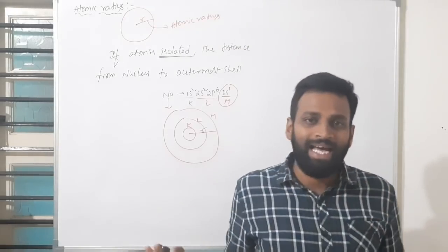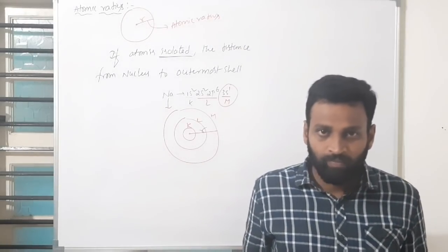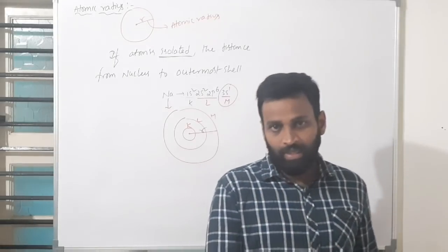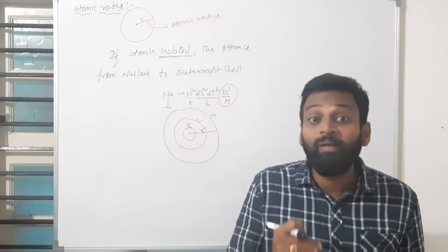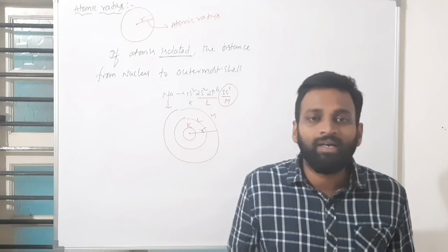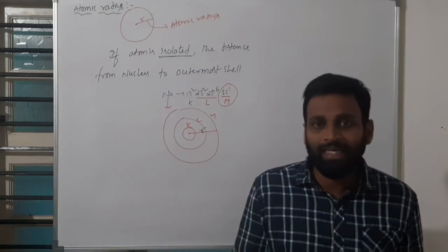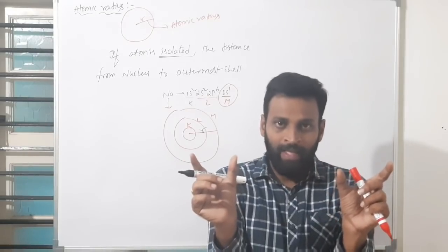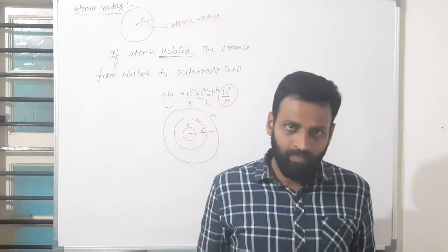So, no atom is isolated. Atoms are in certain chemical bond, because all atoms are not stable. Even noble gases are highly stable. Between two gaseous atoms, there is a weak interaction.